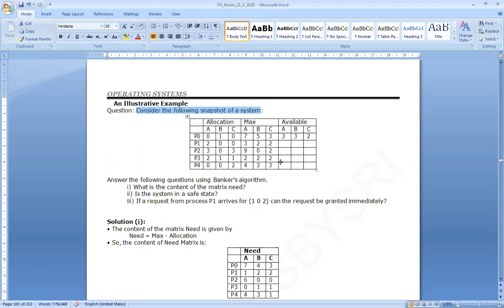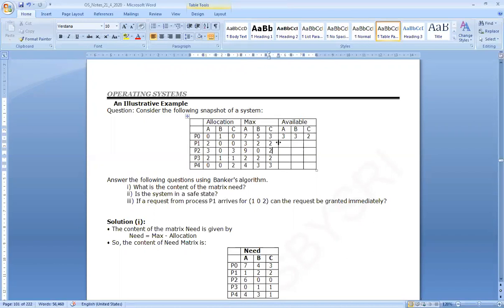Then after that, the maximum. What is this maximum? This is the amount of resources requested by the process. Process P0 is requesting 7 instances of resource A, 5 of resource B and 3 of resource C. Process P1 is requesting 3 of A, 2 of B and 2 of C. Process P2 is requesting 9 of A, 0 of B and 2 of C. So these are the requests made by processes P0 to P4.